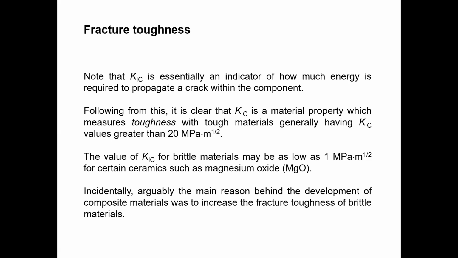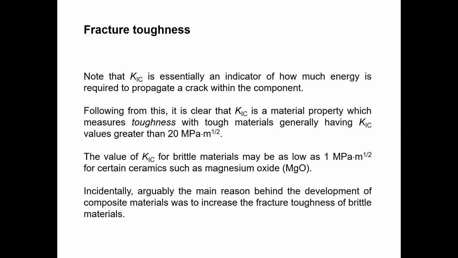Following from this, it is clear that KIC is a material property, governed basically by the microstructure. A property which measures toughness, with a tough material generally having a KIC value greater than 20 megapascal root meter. So you can categorize with this margin. If the KIC value is above 20 megapascal root meter, you can categorize it as a tough material.